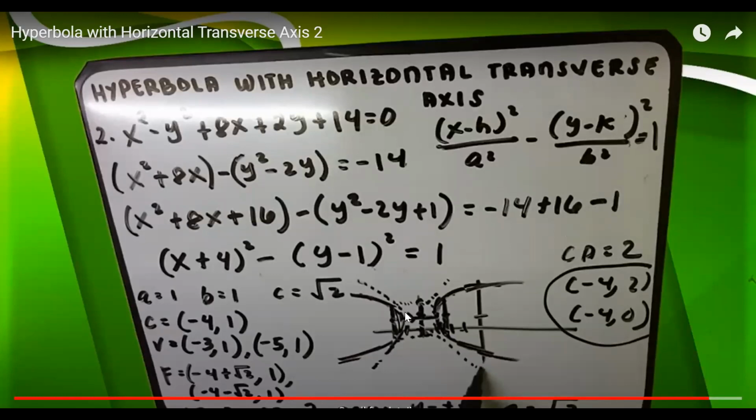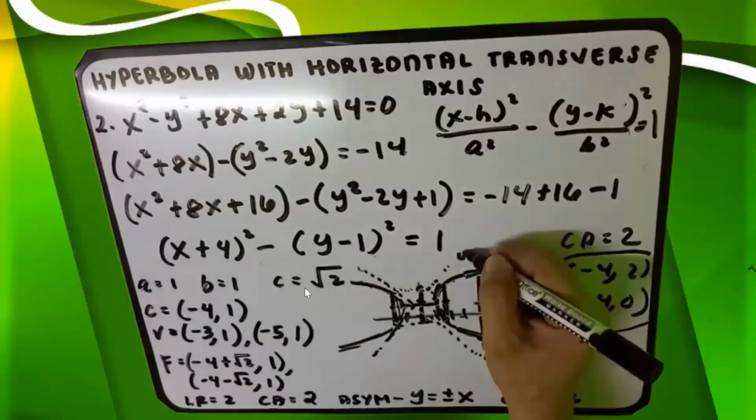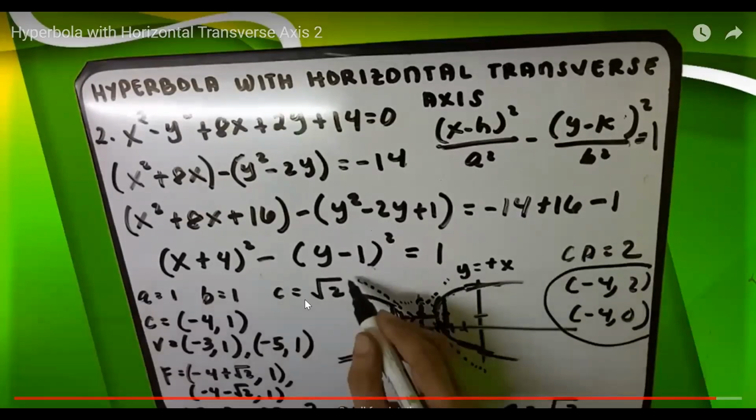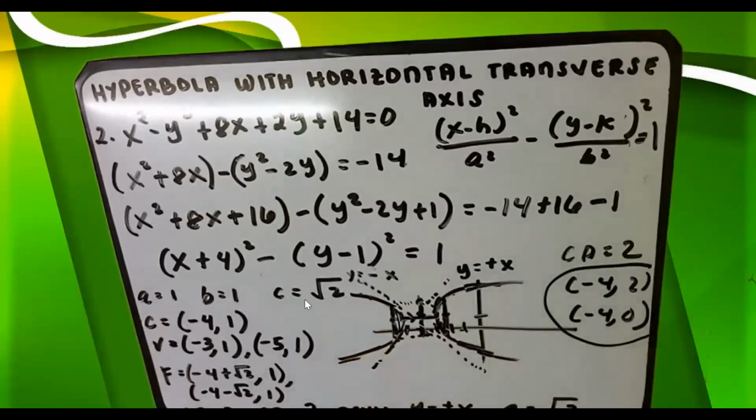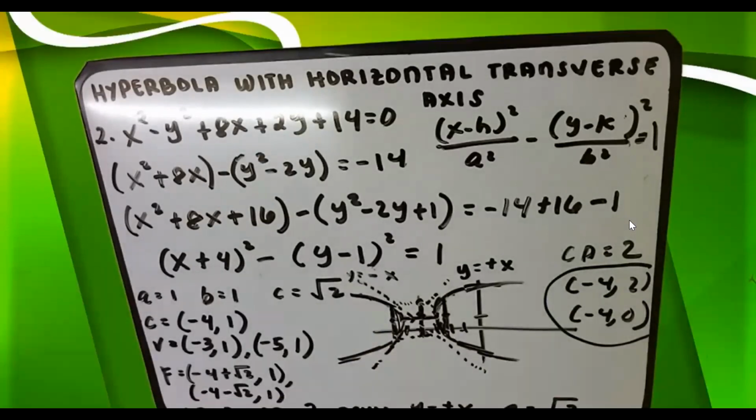So, yung vertical line should be doon sa vertices na doon sa latus rectum. Connect natin yung corners. So, ang equation ng asymptote is y is equal to positive x. Yung isa naman ay y is equal to negative x. Eccentricity is equal to square root of 2. So that is hyperbola with horizontal transverse axis, example number 2.